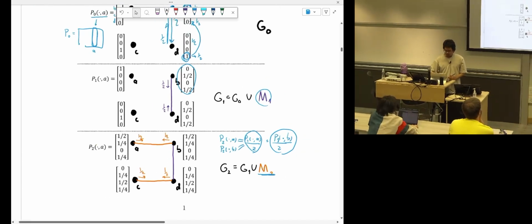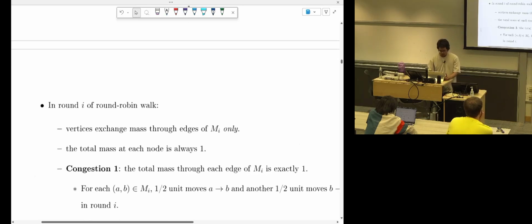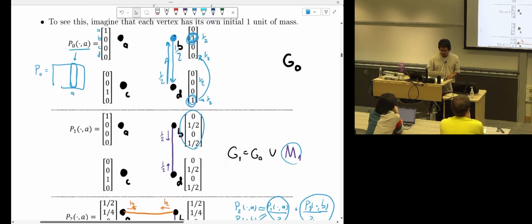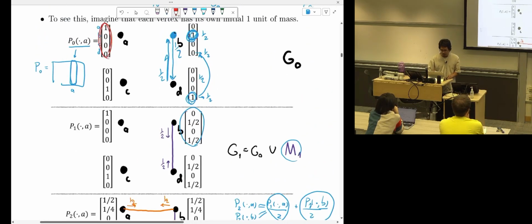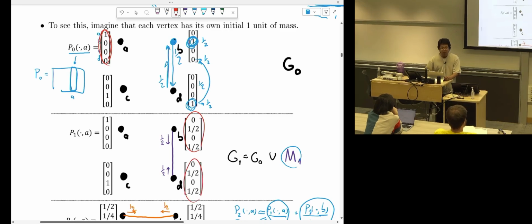Okay. So from this illustration, I hope you can see that at round i, vertices exchange mass only through Mi, and also note that the total mass on every node is always 1, because you see it starts with total mass 1, and then you exchange some mass, and the total mass is always 1.